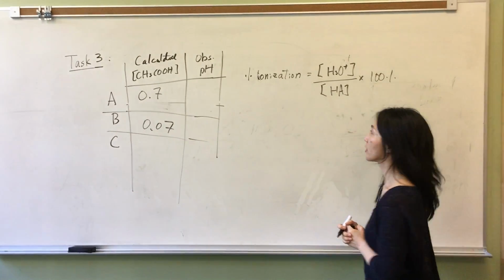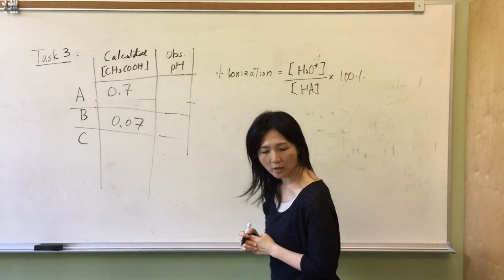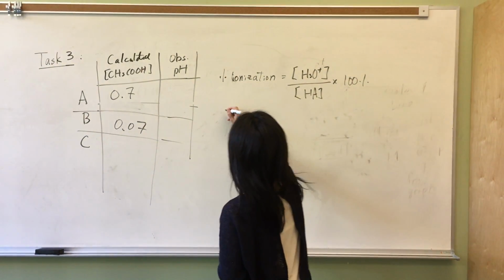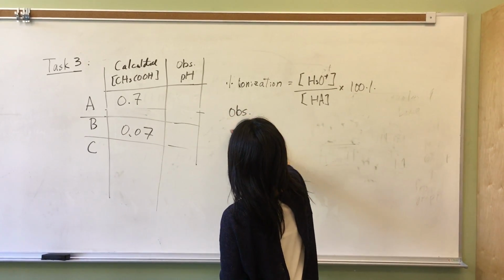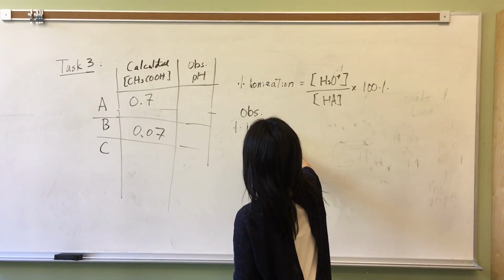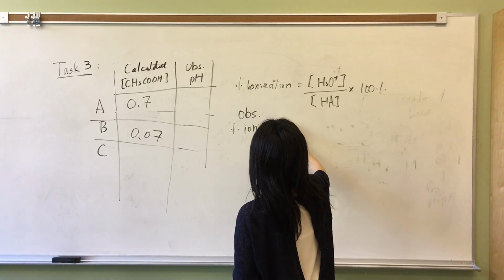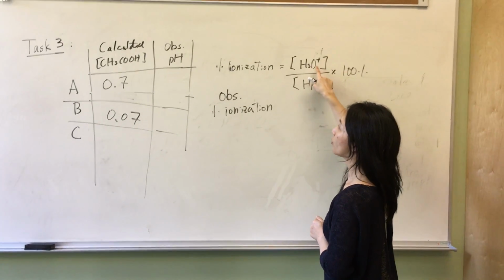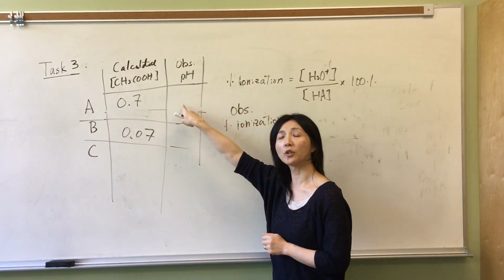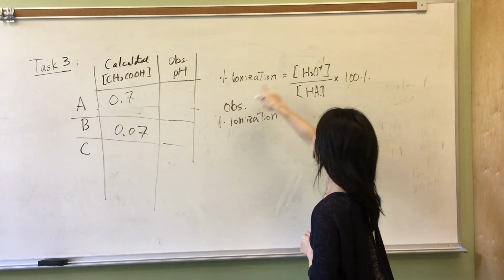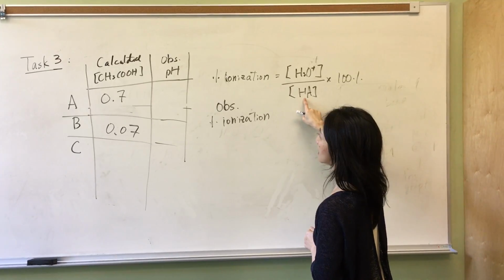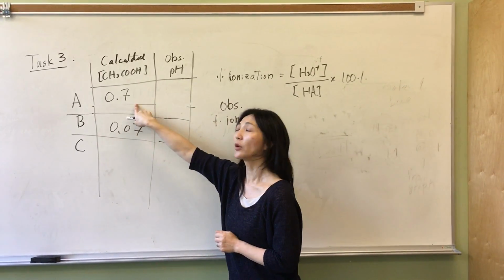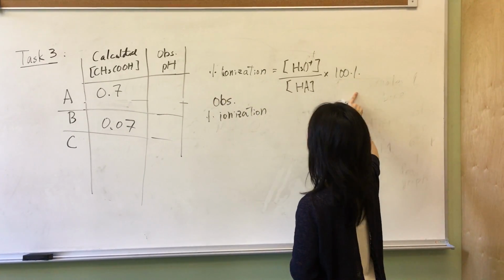Okay, so that's the equation. So the third one, you have to find the observed percent ionization, which means that this H3O plus you will calculate from the observed pH and then plug it in, and this acetic acid concentration is from the first one, that times 100%.